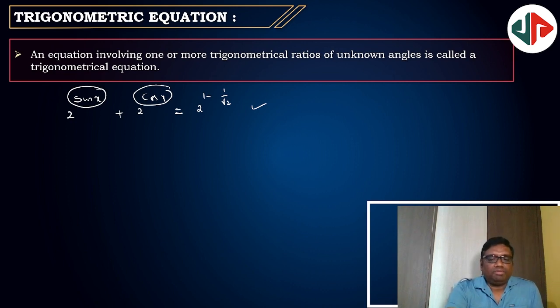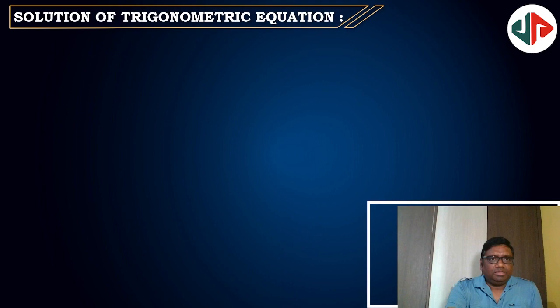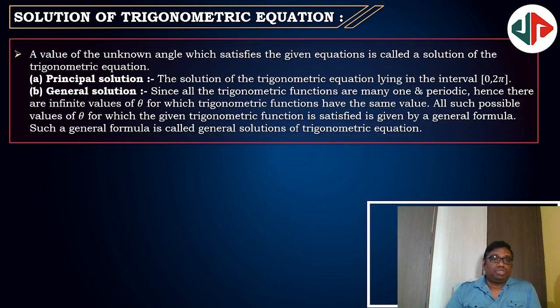Okay, sir, trigonometric equation we got. Then how to find the solution? Whenever an equation is given, you should know how to find its solution. The value of the unknown angle which satisfies the given equation is called a solution of the trigonometric equation.